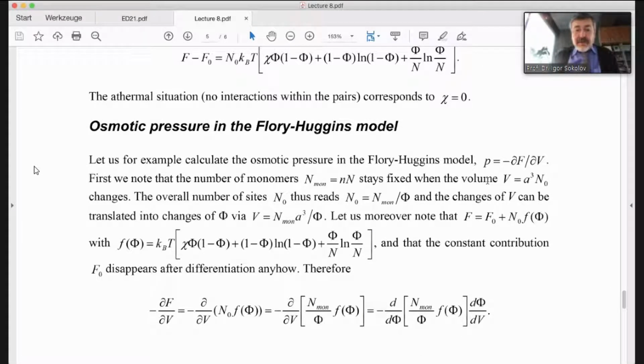Now, what is the problem here? We calculate the osmotic pressure, and the osmotic pressure is minus dF over dV. This we know. So essentially, a pressure is always minus the derivative of the free energy with respect to the volume of your system.